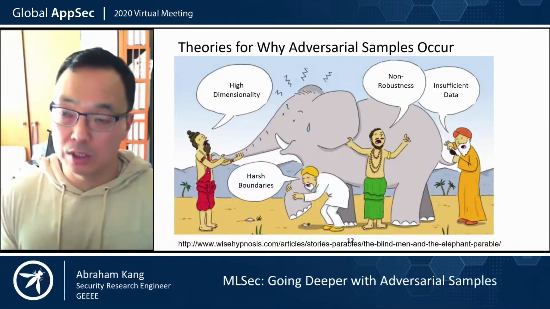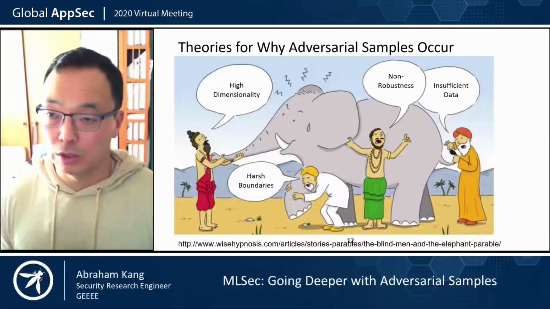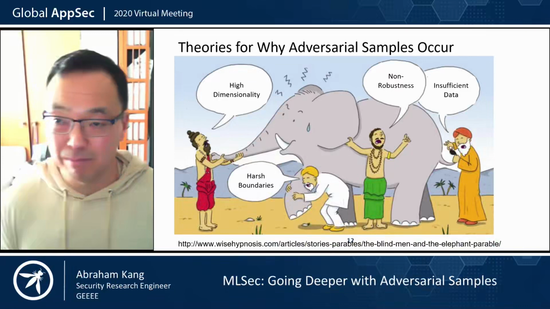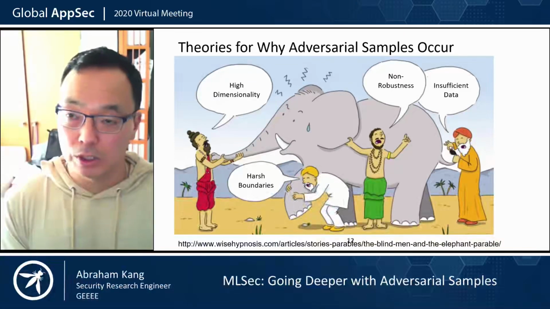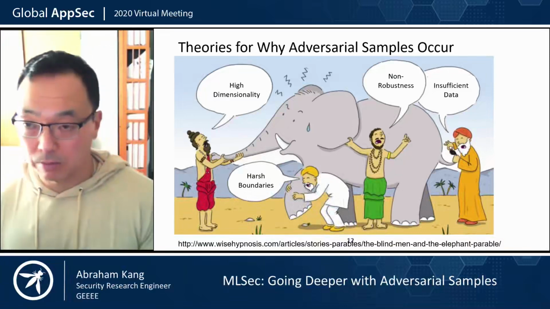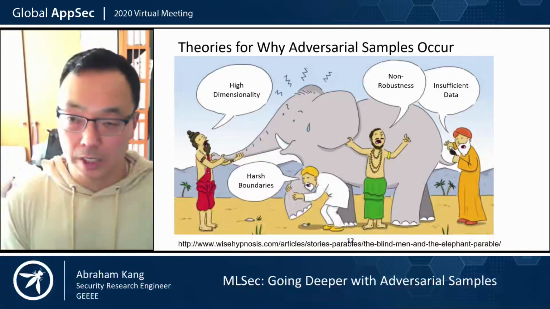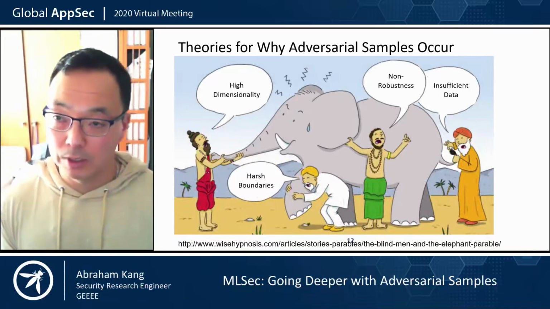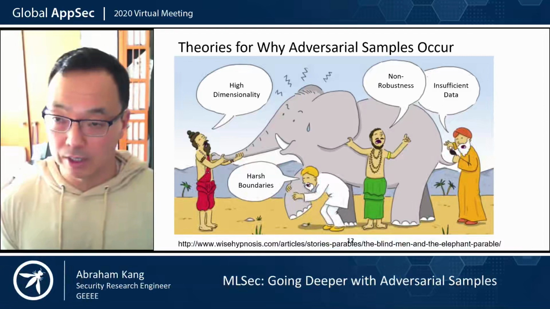And what happens is you may learn non-robust features that are imperceptible to a human and can be embedded in other images and fool the machine learning models to look at those non-robust features and categorize them as the incorrect class. We talked about harsh boundaries and how you can just push something across a machine learning boundary and it will suddenly be 99% confident.